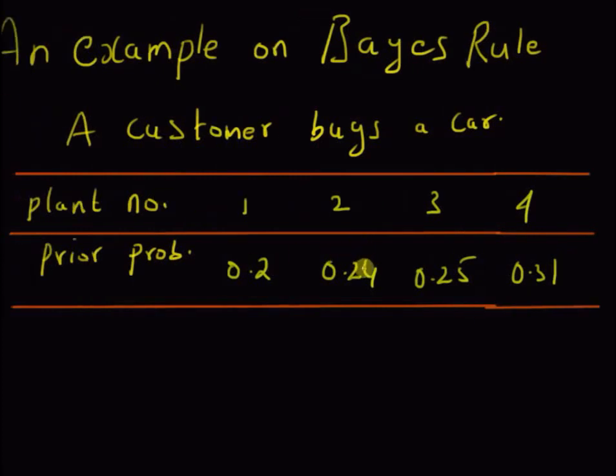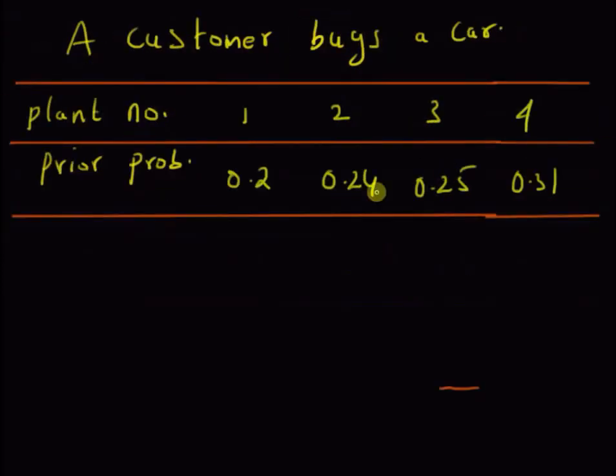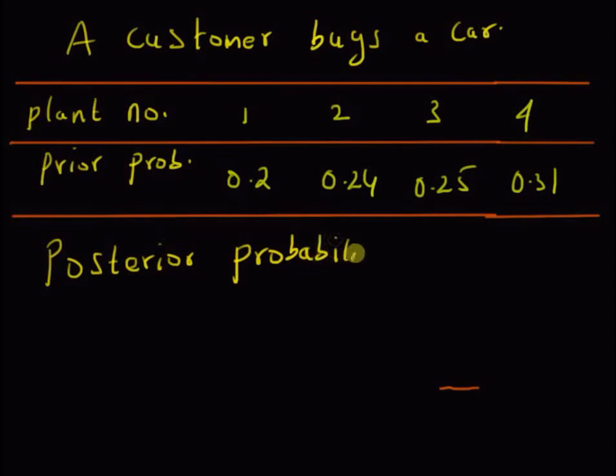So given this prior probability information, we want to find the posterior probabilities corresponding to each plant when a claim is made, and also for the case when a claim is not made. So now let us look at the posterior probabilities. Specifically, we are going to look at how to use the Bayes rule to determine these posterior probabilities.